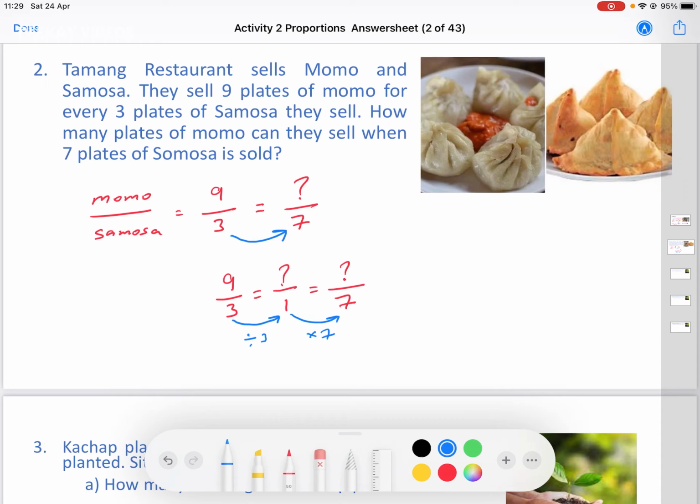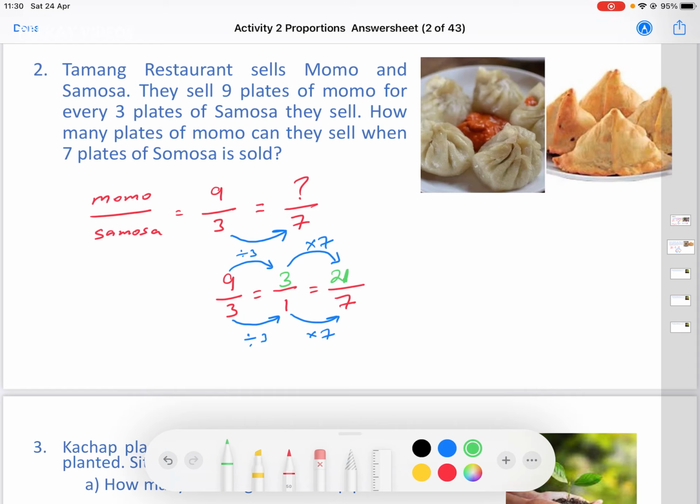Similarly, we can say 9 can be divided by 3. Again, that is for 1 plate of samosa they sell 3 plates of momo. Now using that unit ratio we can multiply by 7 and we will find now 21.